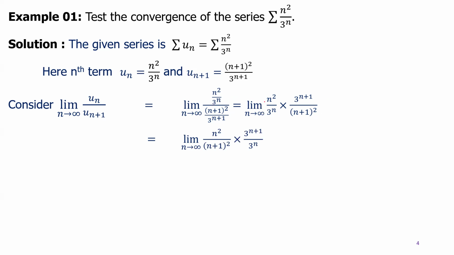Let us go ahead. Now, n square upon n plus 1 whole square, we are writing these two in the same place, numerator and denominator, and we are writing 3 to the power n plus 1 upon 3 to the power n. Again, if we simplify it, we can take n square common from the denominator.